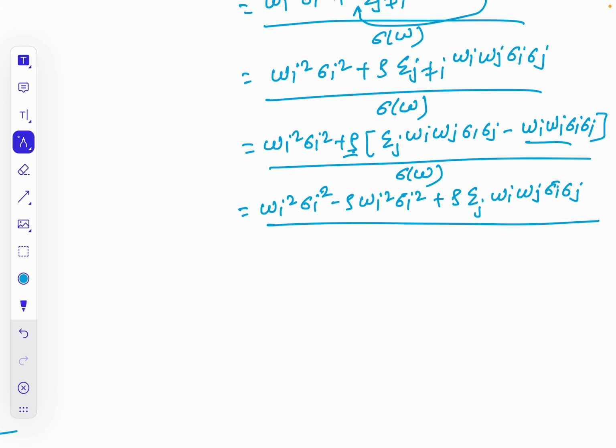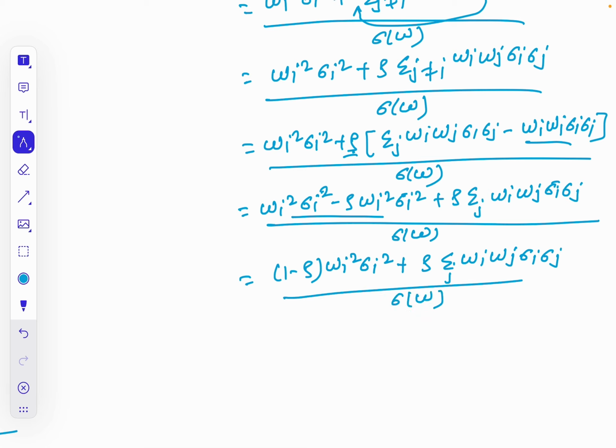Now basically what you can do, see, we can take this term as common, so it would be 1 minus rho, and then 1 minus rho i squared, sigma i squared plus rho, weight of j, wi wj.